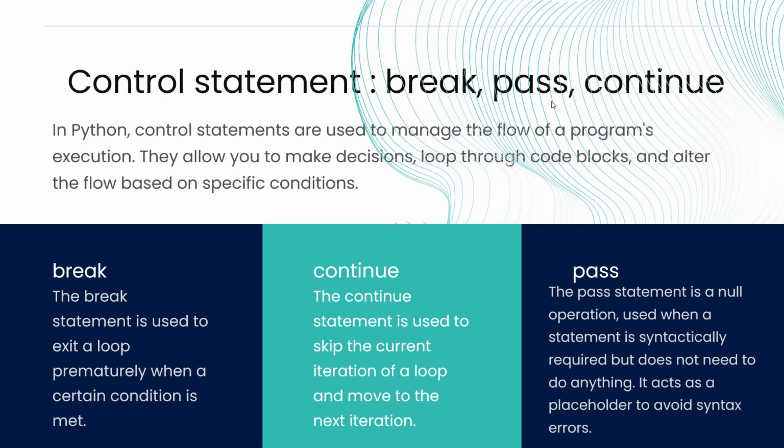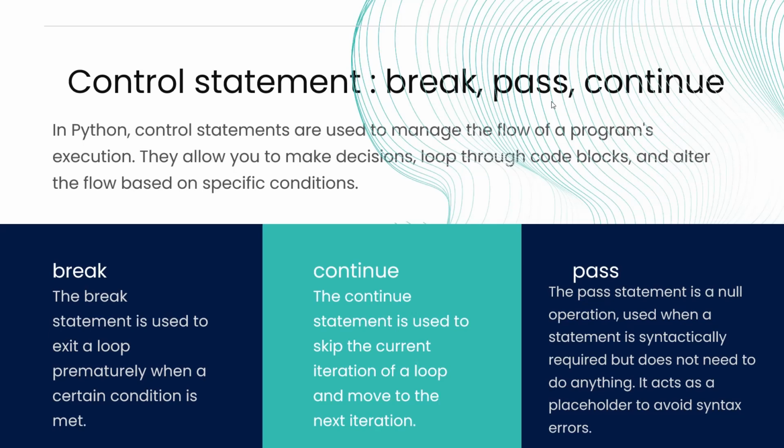So let me go through what these statements are. The very first statement is the break statement. This statement is used to exit a loop prematurely when a condition is met. Suppose you are in a loop and you defined some condition. If you find that condition, then you have to exit from that loop.